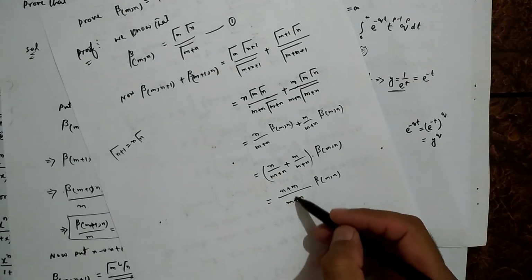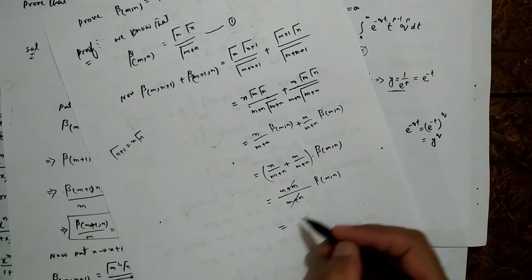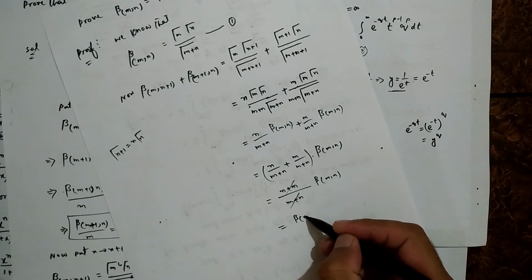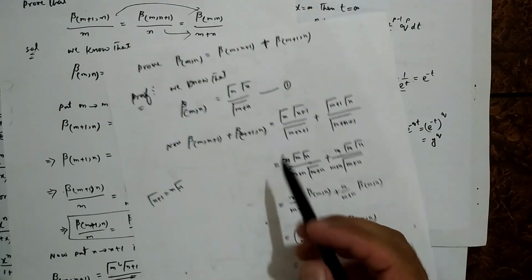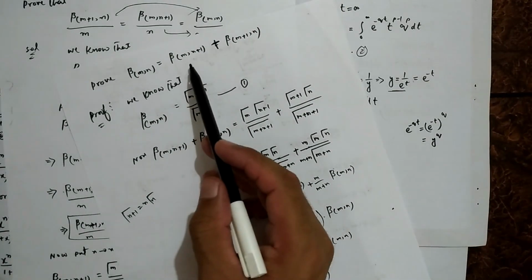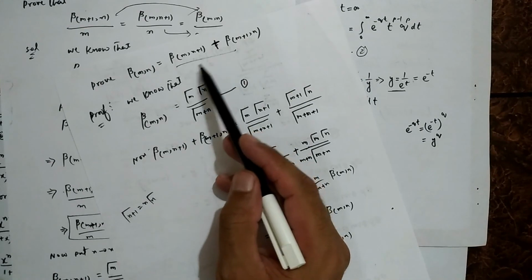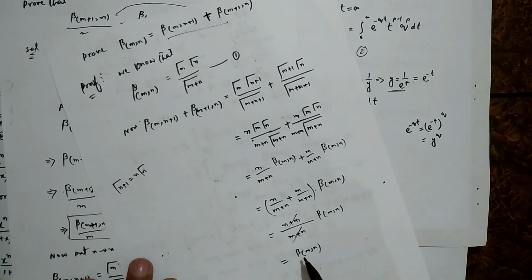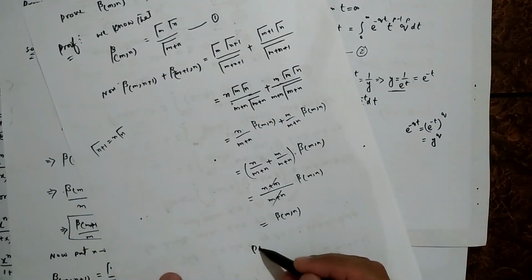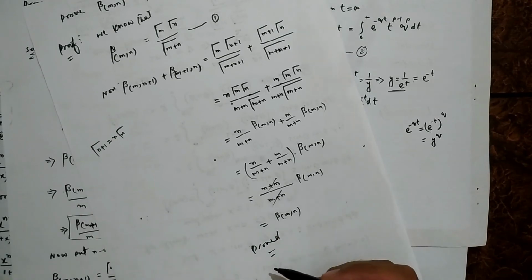So n plus m will be cancelled with this m plus n, and we will be left with beta (m, n). So we started from the right hand side of this expression, and it is equal to beta (m, n), which is proved. Thank you very much.